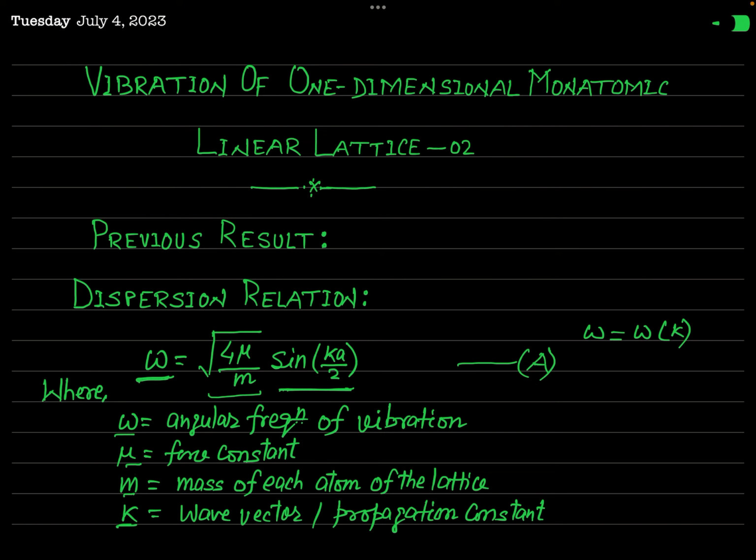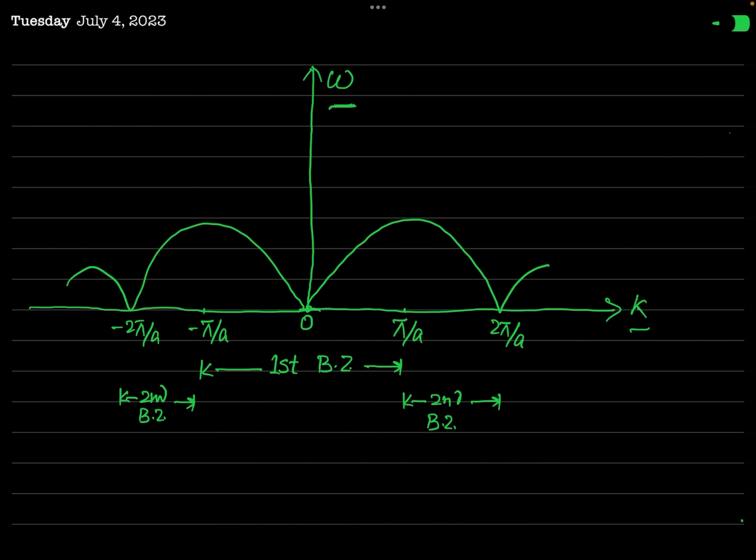And as the value of k increases, omega increases, and when k is equal to pi over a, then you know what will be this sine ka by 2. This will be equal to sine of pi over a times a over 2. Here a and a will cancel out, and this is sine pi by 2, which is 1.